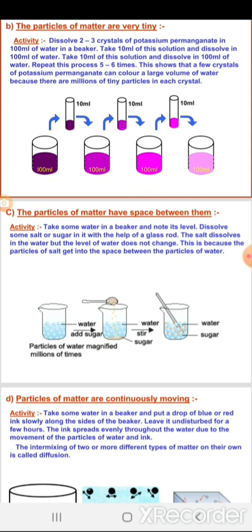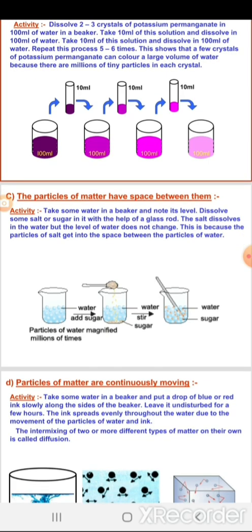Take a few ml of water, add crystals of potassium permanganate and dissolve them in another 100 ml of water. So here you are diluting the concentrated solution of potassium permanganate.